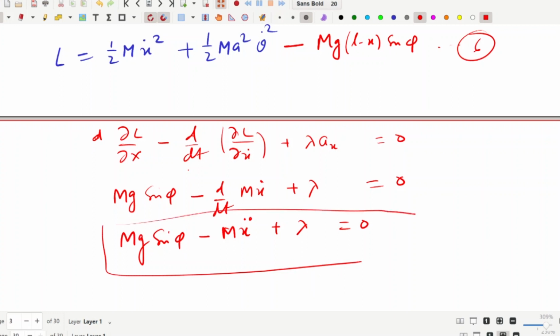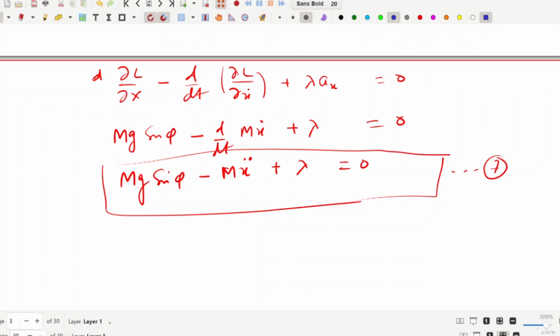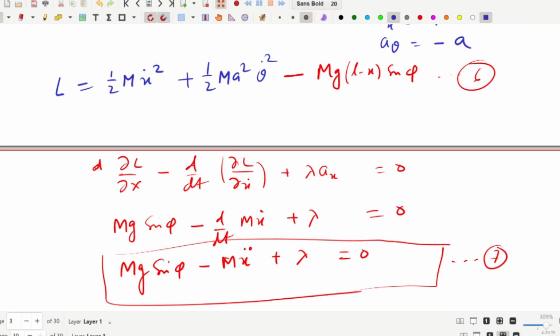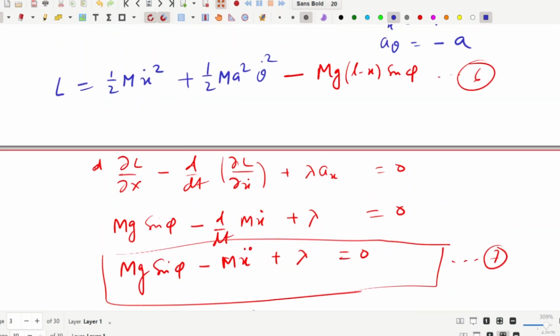So, let us denote this equation by equation 7, and then we consider the theta equation. In the theta equation, del L del theta is zero, because there are no theta dependent terms in the Lagrangian. Phi is of course constant, so there is nothing to do here. So, the first term is 0, then you will have d/dt of del L del theta dot, which will be m a square theta double dot, because in the Lagrangian we have half m a square theta dot square, differentiated gives 2 theta dot.